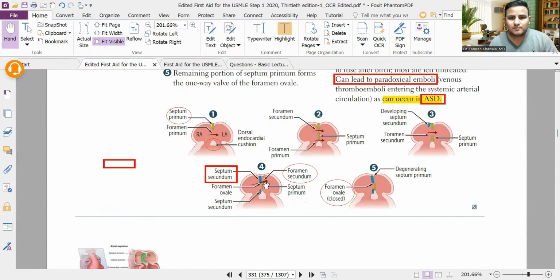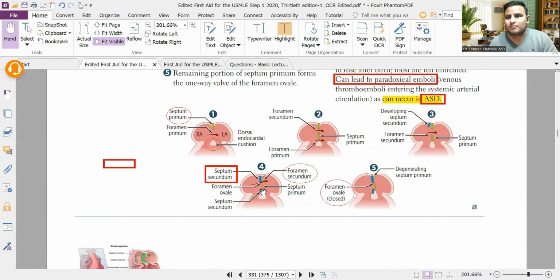You can see in the diagram that the blue is growing more and the green is degenerating, because green was the septum primum, which is degenerating while the septum secundum grows. The septum secundum from the upper side and from the endocardial cushion side go toward each other and make a hole between them. This is called the foramen ovale.